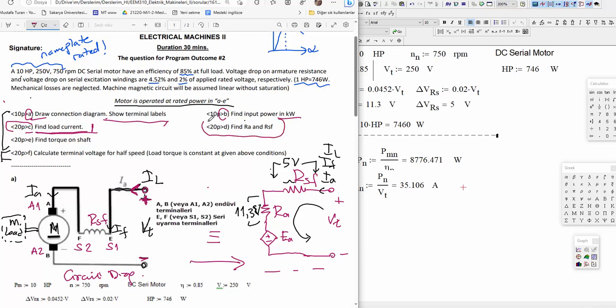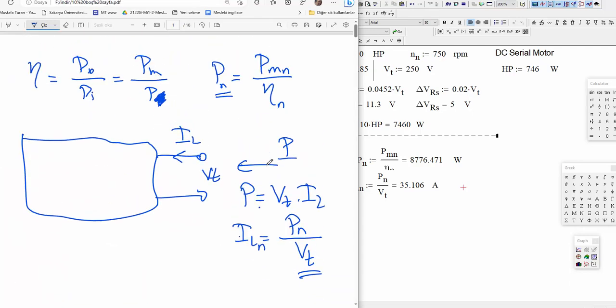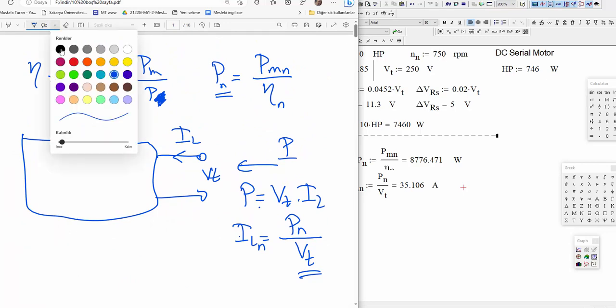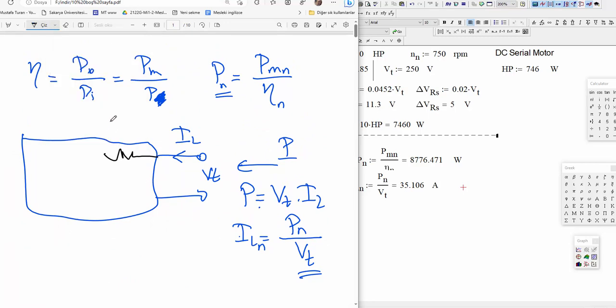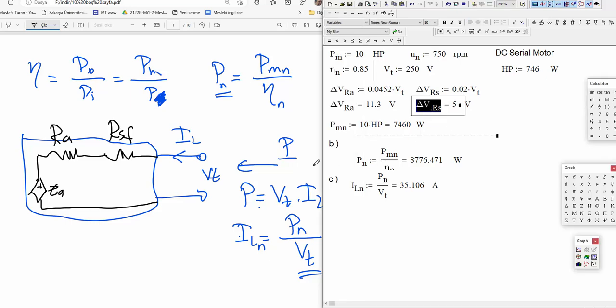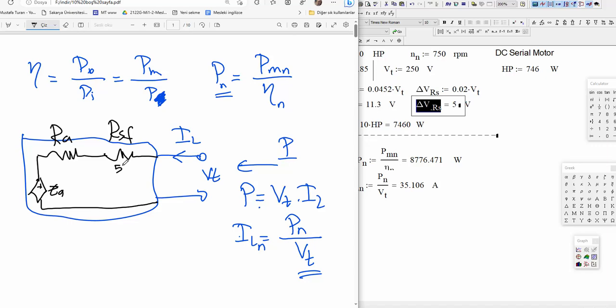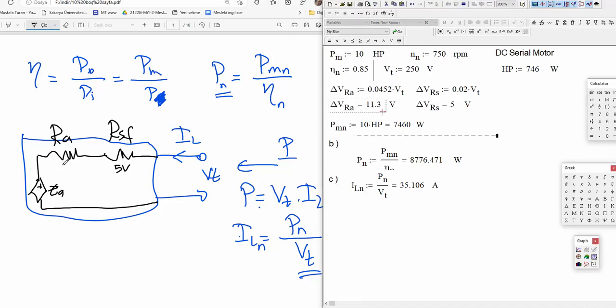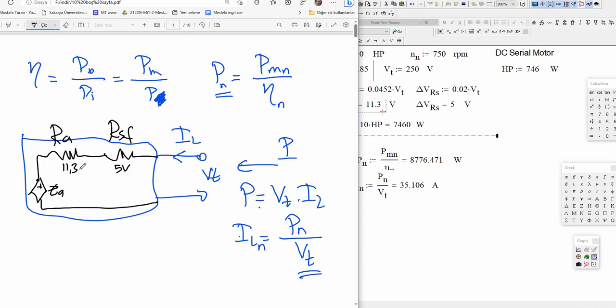Let's talk on this. What is the armature and serial field rheostat? It looks easy because here are some elements called the serial field winding, and let's say the armature winding. Here is the equivalent circuit. And we know some voltage drops we have already calculated: 5 volts across the serial resistance, 11.3 volts across the armature resistance.